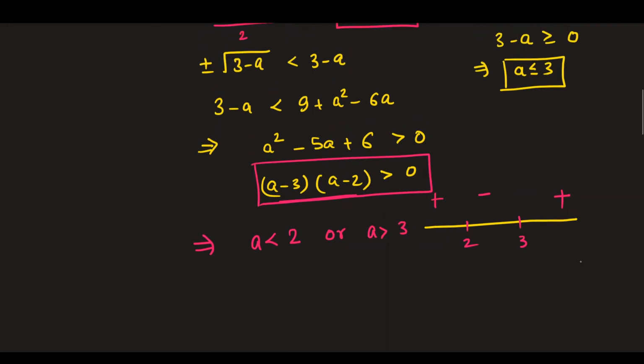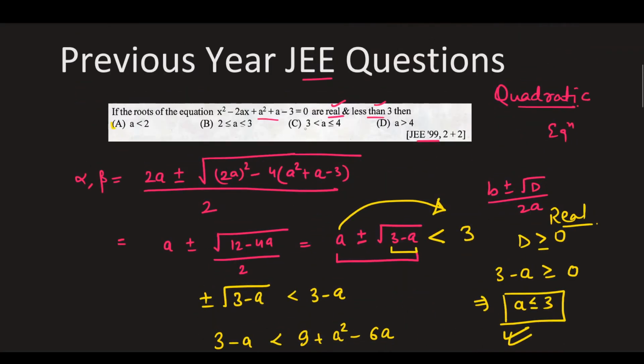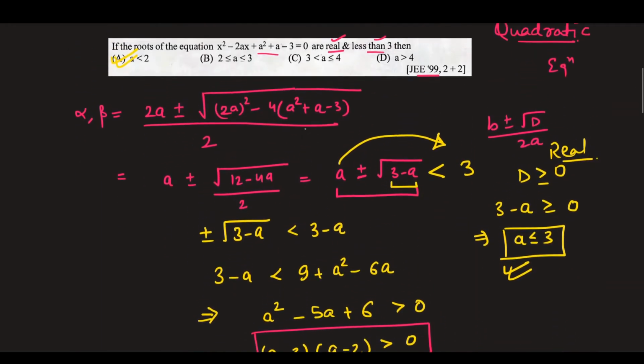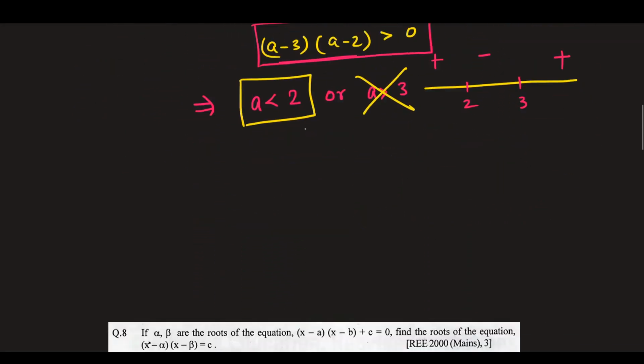But we have to neglect the second, as a less than or equal to 3 is the condition for real roots. So a should be less than 2 is the answer. We have got this option as the answer. So you have to take the condition for both things: first the real, and second the one that is less than 3.